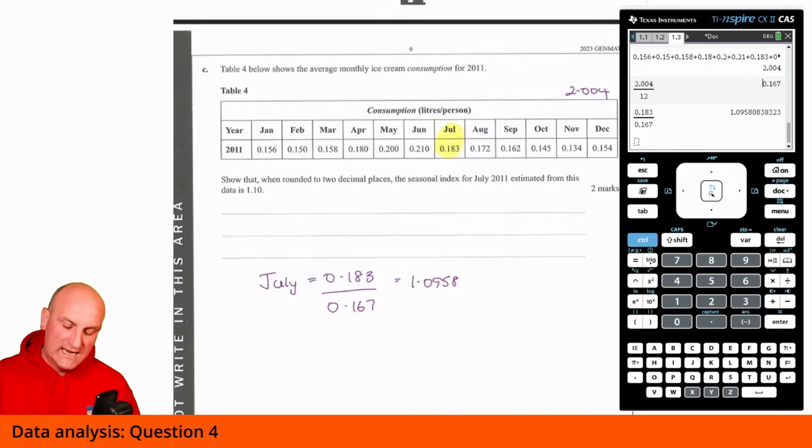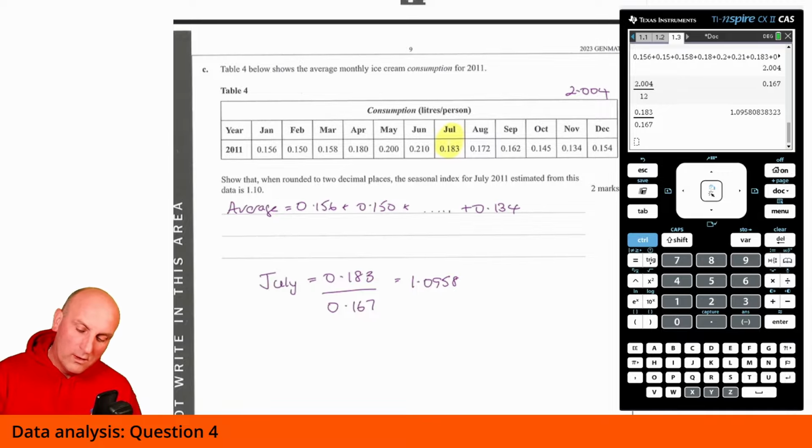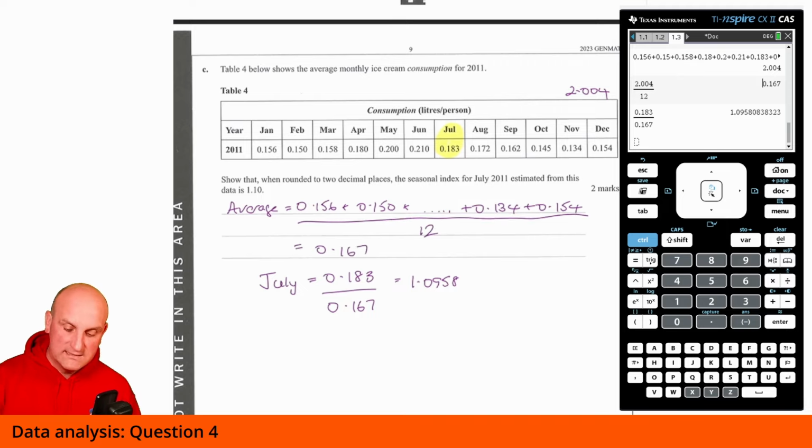So what you've got to do is put all of that in some sort of calculation. It's 2 marks. So I would probably say something along the lines of my average is equal to 0.156 plus 0.150 plus ... plus 0.134 plus 0.154, all divided by 12, which equals 0.167.